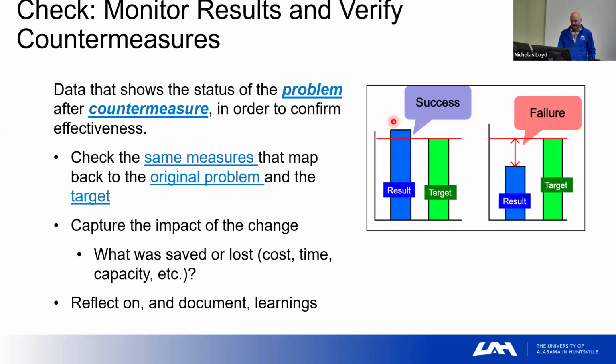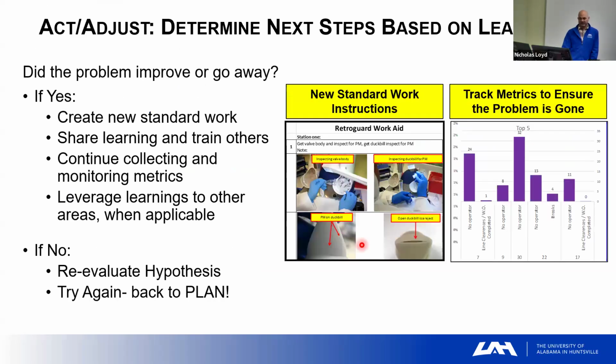If we did get better, then the standardize step is to come up with new standard work and train people on it, and continue tracking after the fact to see if the problem reoccurs. And if we didn't improve, then we just reevaluate our hypothesis and go back to plan, which is fine.